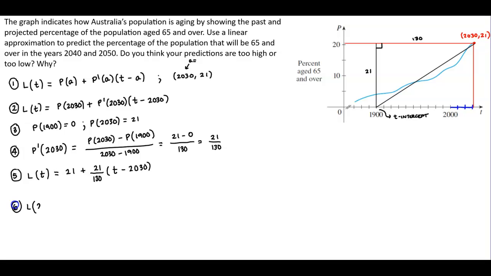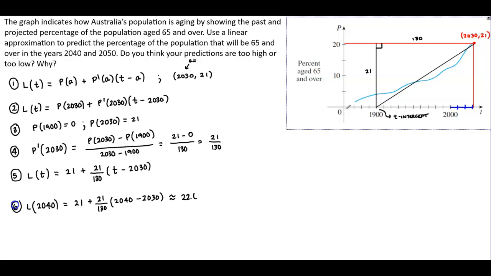So L of 2040: we plug it in. We get 21 plus 21 over 130 times 2040 minus 2030. If we multiply that all out, we get approximately 22.6%. Then we want to find L of 2050.